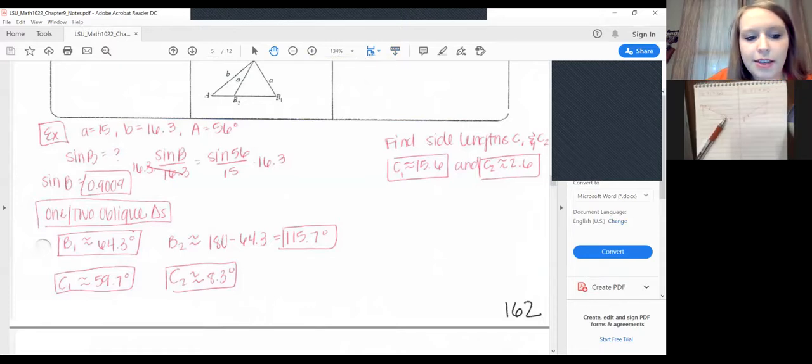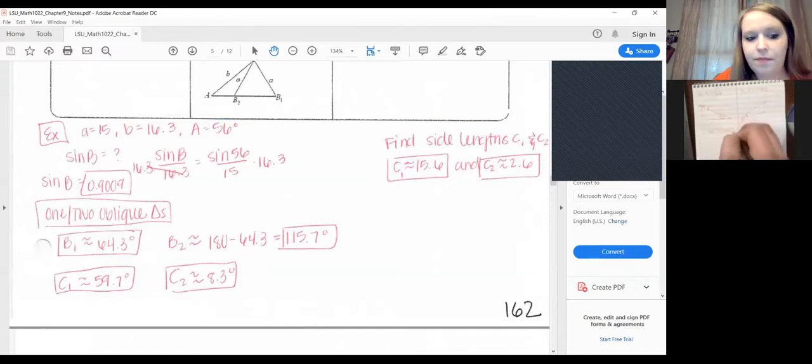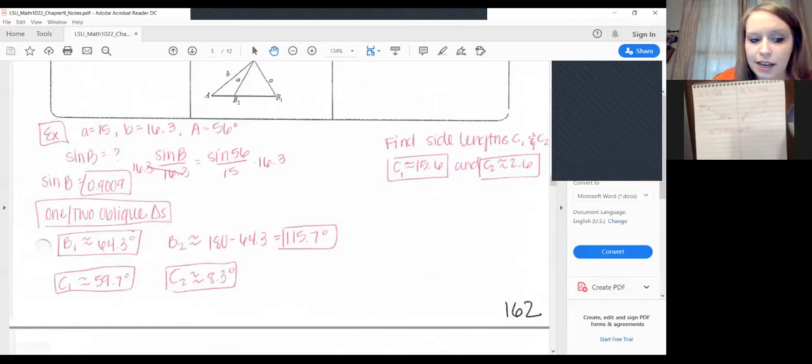So you would just plug it in the calculator, and basically you would put in sine inverse of 0.9009. And it'll tell you it's 64.3 degrees. So that's just the inverse. So you get B1, then you can go ahead and find C1 after that using the law of sines.